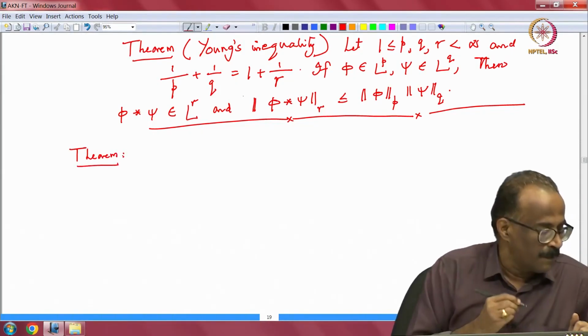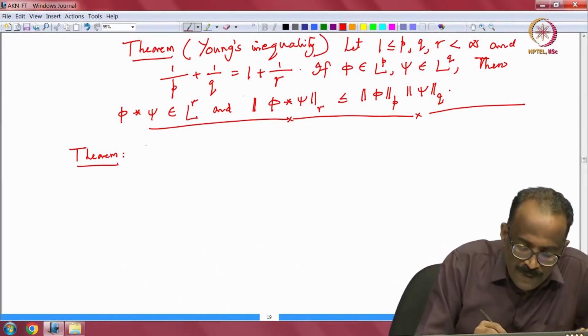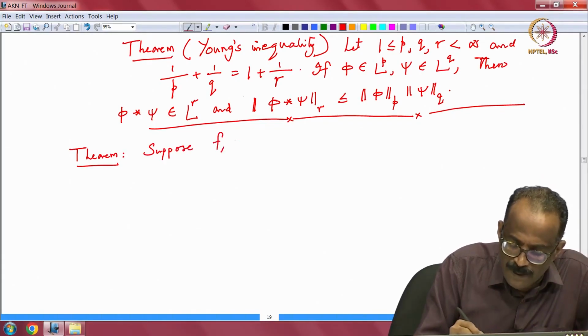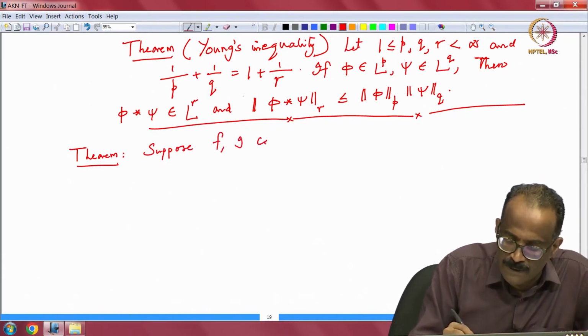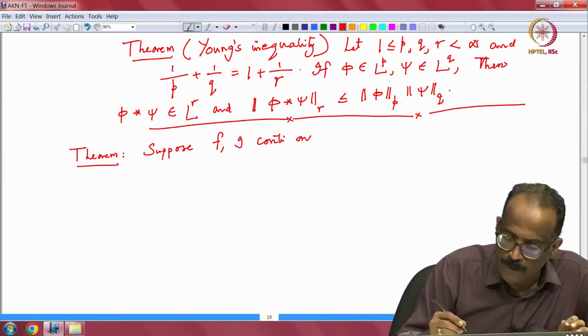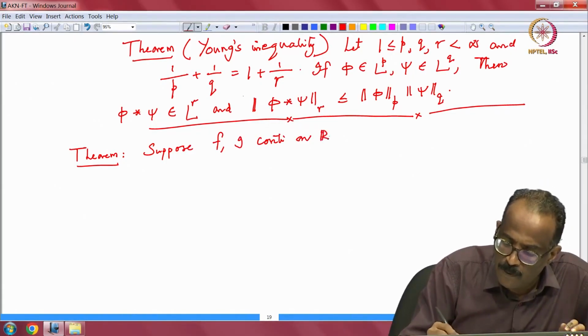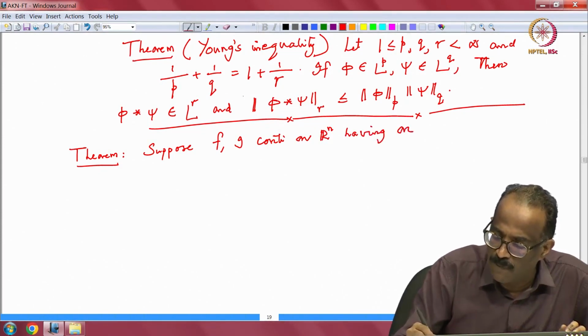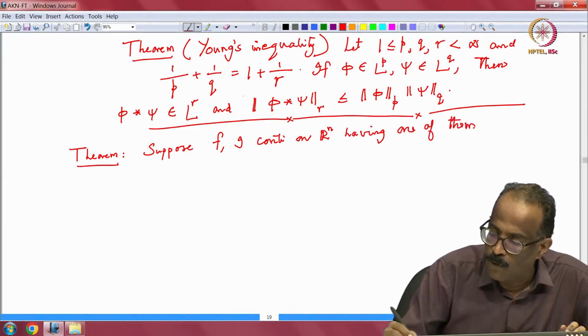Okay. So, suppose f, g are continuous on R^n, having one of them compact support.